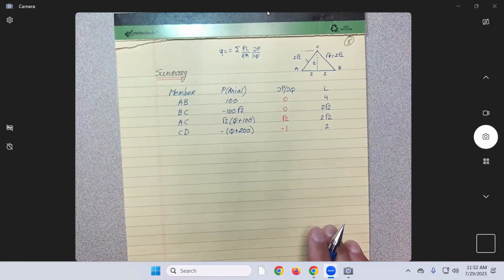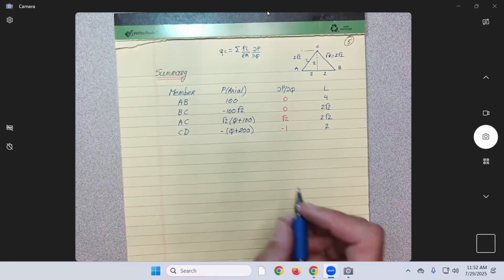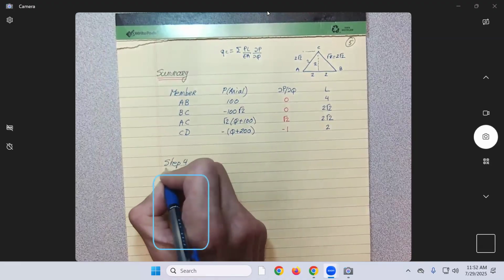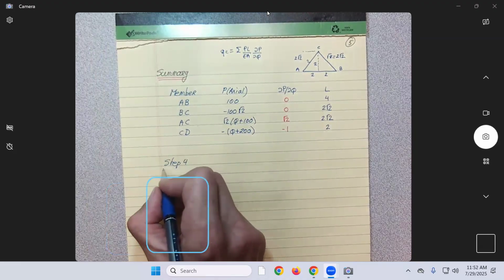Okay, so since we did step 1, step 2, step 3, now we do step 4. Generally, step 4 is what? Solve, as we have been doing all the time.